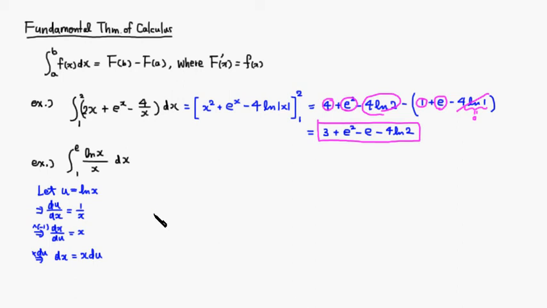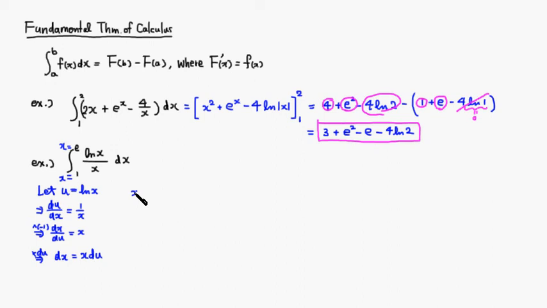One more thing we need to do is, since you have a lower limit and an upper limit, we have to convert these x values. So these are x equals 1 and x equals e. We need to convert them to the corresponding u values.